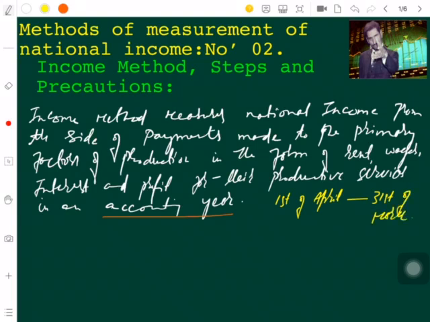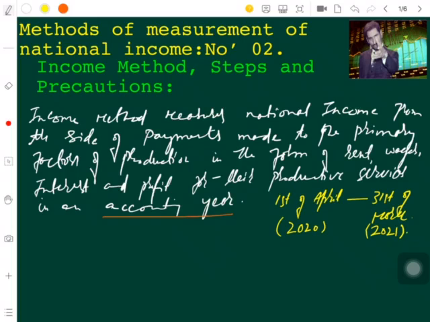This time we are in 2020, so this is 1st of April 2020 and it will end on 31st of March 2021. This is what we mean by financial year or accounting year.